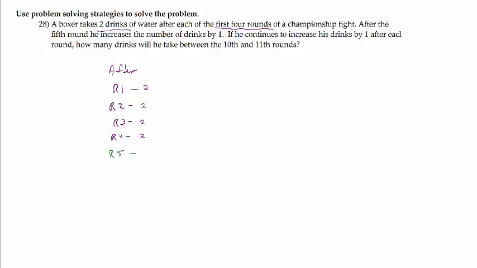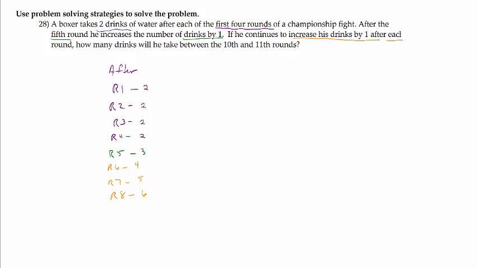After the 5th round, he increases his drinks by 1, so now he's going to take 3. If he continues to increase by 1 after each round, then after the 6th round he's going to take 4 drinks. After the 7th round, he'll take 5 drinks. After the 8th round, 6, and so forth.